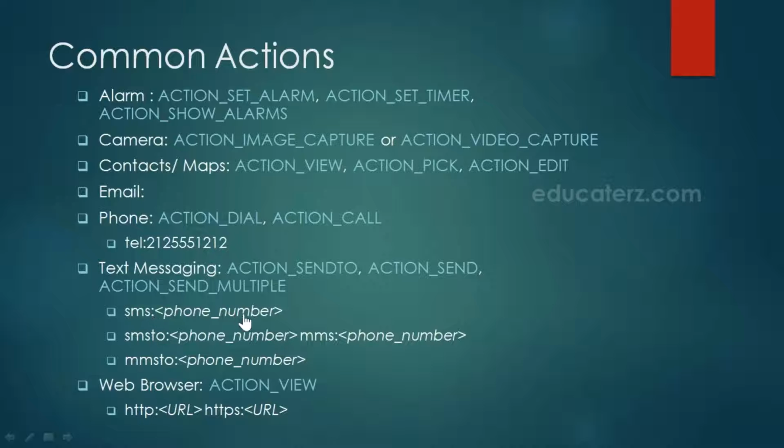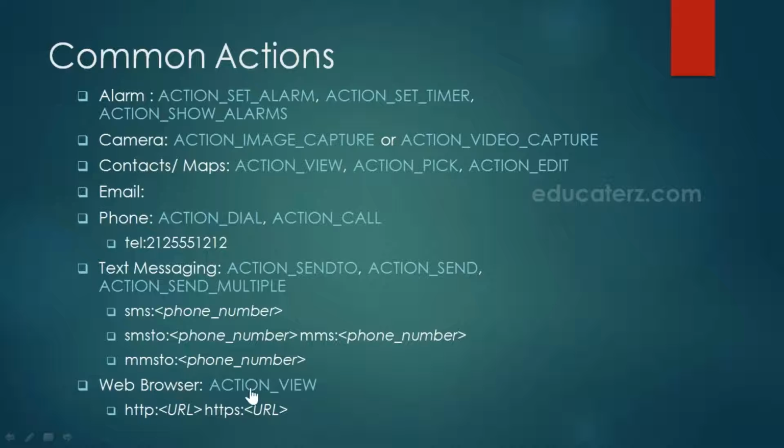In the same way for SMS, SMS to the corresponding phone number, and MMS to for multiple as well. Then the phone application, where you can make a call or trigger the dialer. For that we have two different actions: action dial and action call. Action call requires the call phone permission, which you must declare in your manifest.xml.